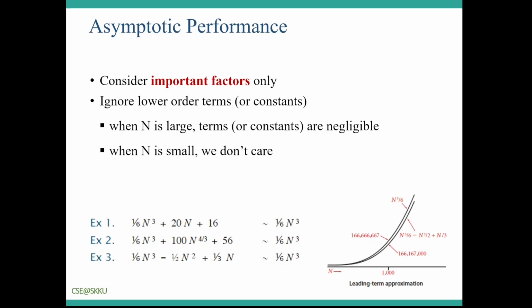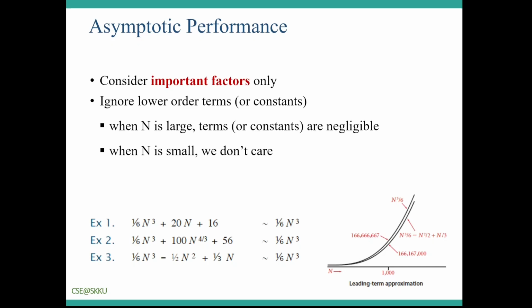How about big O n cubed? Is this true? Maybe some of you think that this is not true because the worst case just shows big O n squared. However, you should also answer true. This is also true because big O gives an upper bound.